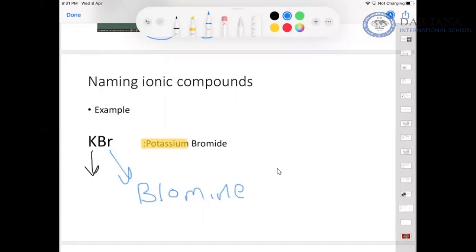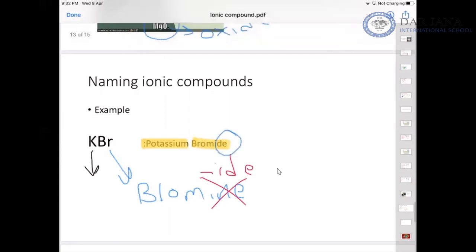But remember, the second name should end with IDE. The non-metal ion will end with IDE, so I will change the suffix into IDE. So instead of bromine, I will have bromide with the suffix IDE. Let's try another one.